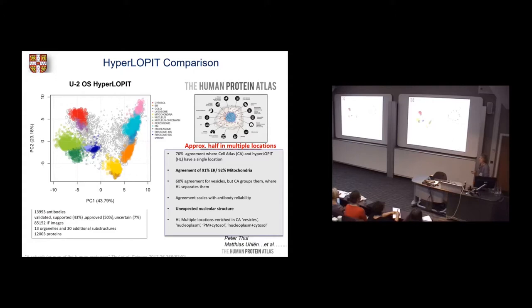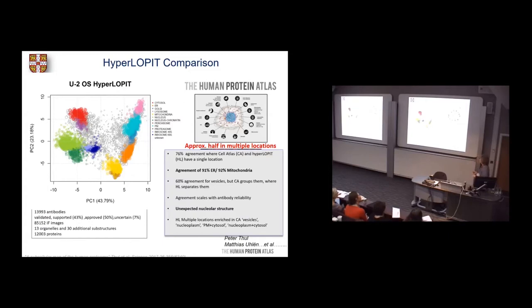She was also able to see subcellular structures that we had no idea that we had any sort of resolution for in our data. For example, when we took nucleolar proteins, or proteins that she thought were nucleolar from her imaging, we could then see within our nucleoplasm cluster that we'd actually got a subcluster, and these nucleolar proteins were clustering very nicely together in our data.